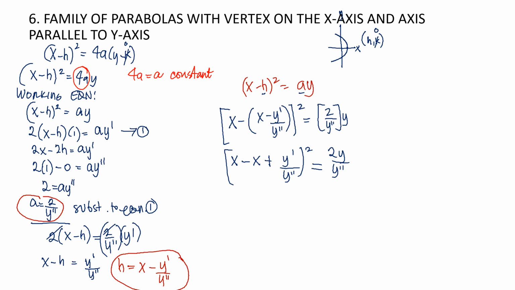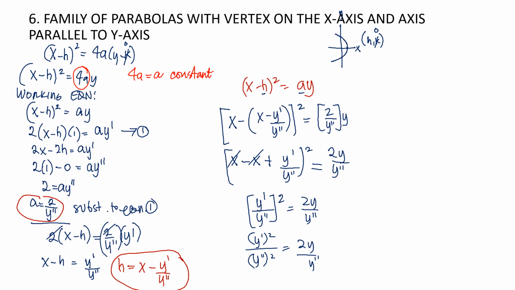So, we can cancel out x. Right? So, what remains is y prime over y double prime, squared, is equals to 2y over y double prime. And since both are squared, we can say this is y prime squared over y double prime squared, and this is 2y over y double prime.